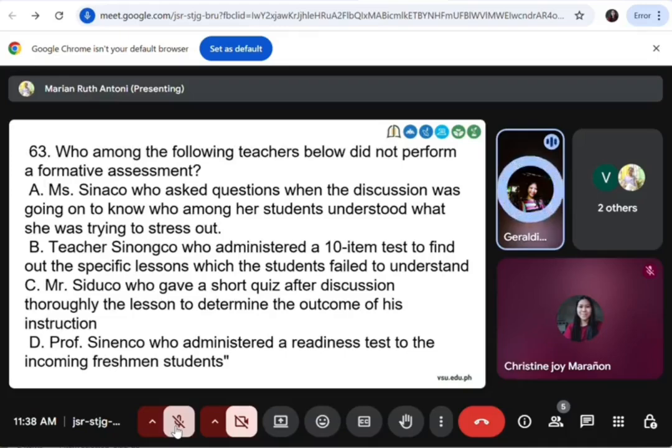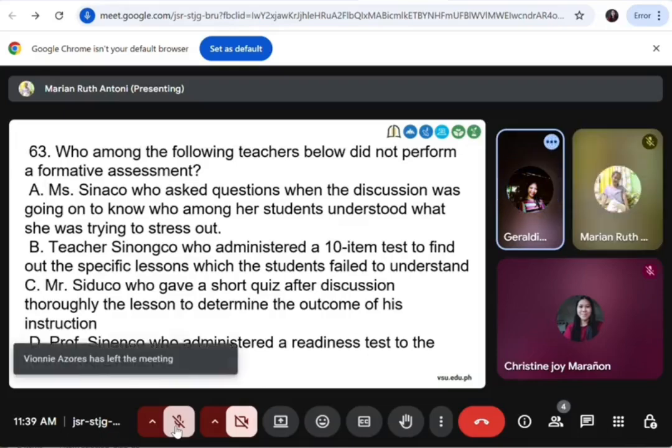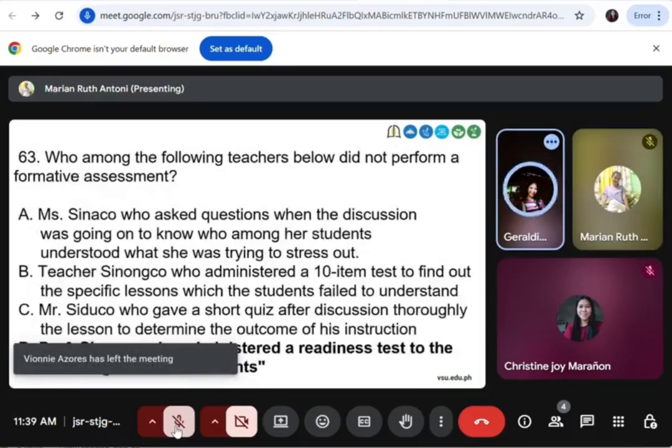C. Mr. Sidoko gave a short quiz after thoroughly discussing the lessons to determine the outcomes of his instruction. Or letter D. Professor Sinusco administered a readiness test to the incoming freshman students. So what do you think is the correct answer? The correct answer is letter D.